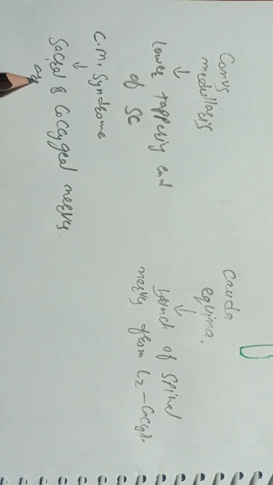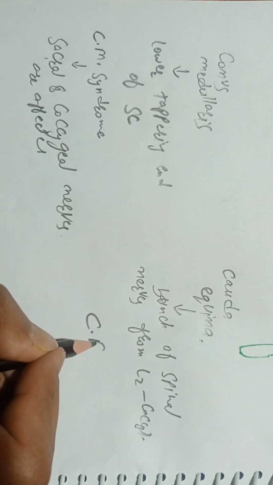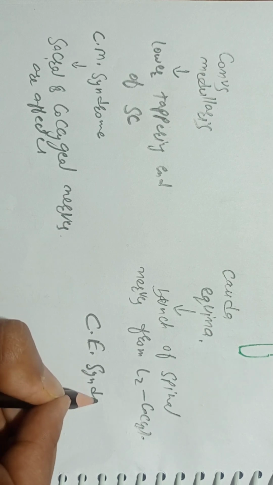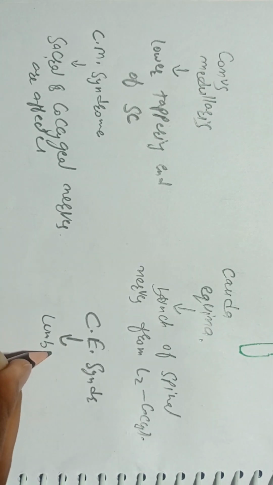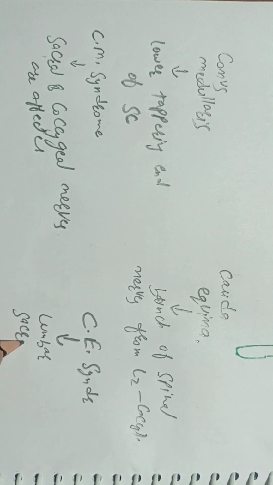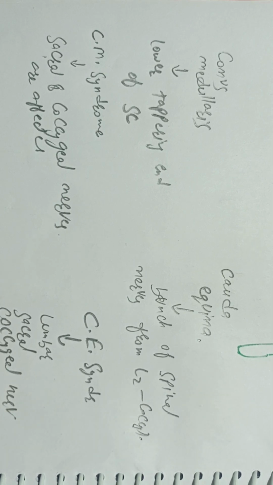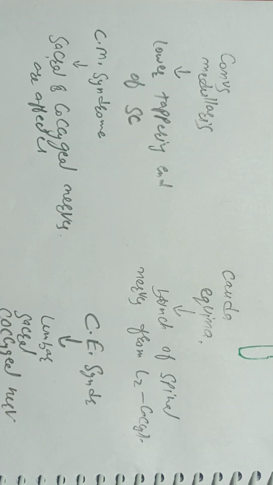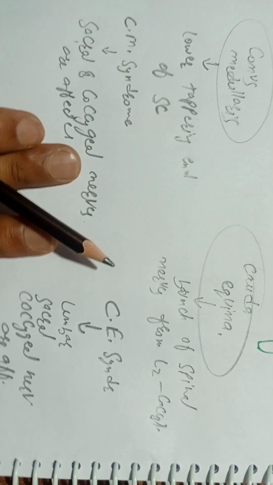Similarly, in cauda equina syndrome, if the cauda equina is affected, the lumbar as well as sacral as well as coccygeal nerves are affected. So this is the difference between conus medullaris and cauda equina.